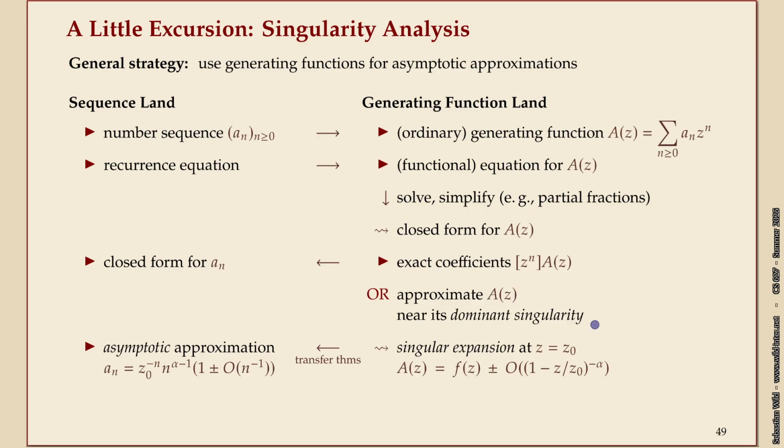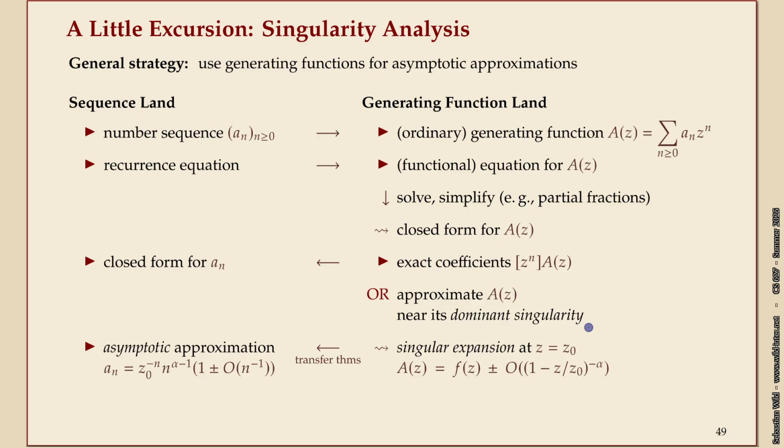Now, in general, you have to view these functions as complex functions, mapping complex numbers to complex numbers. And then singularities are, in a way, both easier and harder to work with. Complex is always less intuitive, but in a way, the theory is a bit cleaner.